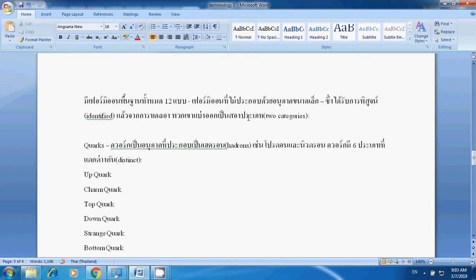They are divided into two categories. The first is quarks, the particles that compose hadrons.